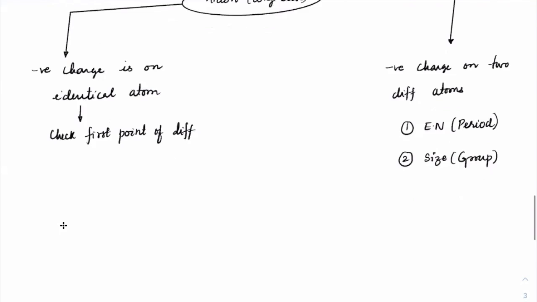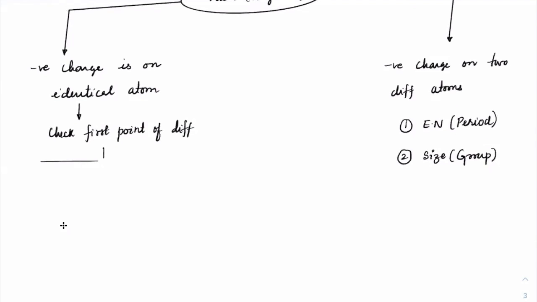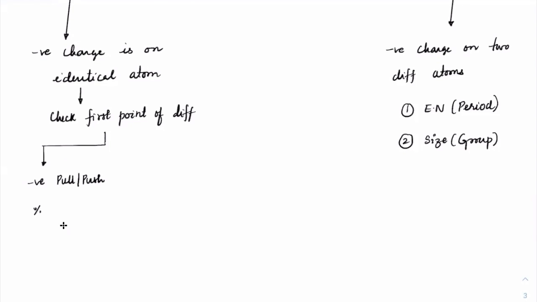In case you have a negative charge where there is either a pull or push of electrons, then I will see the percentage S character present on it, or the electronegativity difference there, or whether there is any plus or minus I effect, just by pulling off sigma electrons.